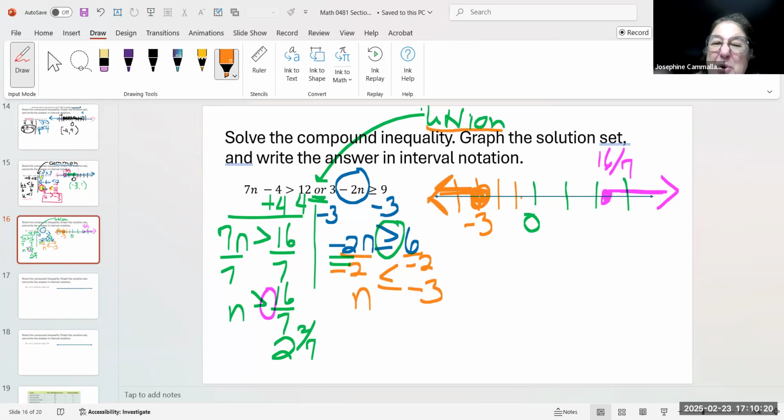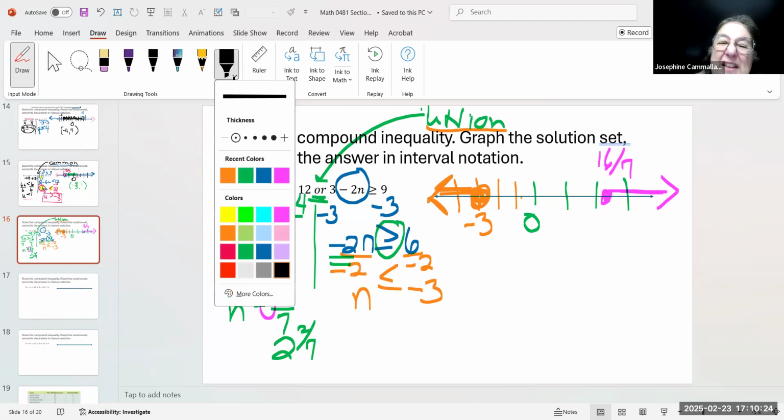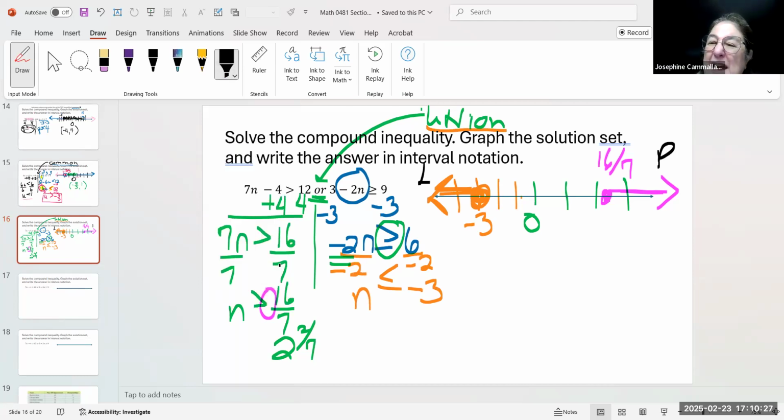Now this is the union. You are reading this graph from left to right. Well, what's out here is negative infinity. And we're going all the way to negative 3 with a bracket.